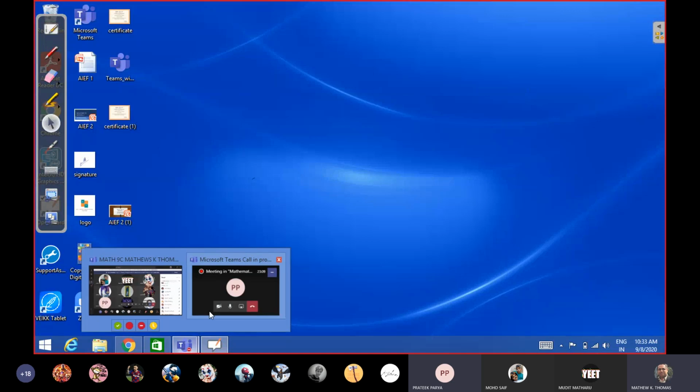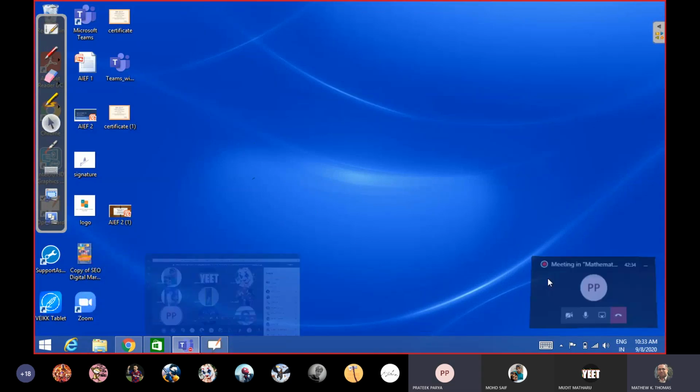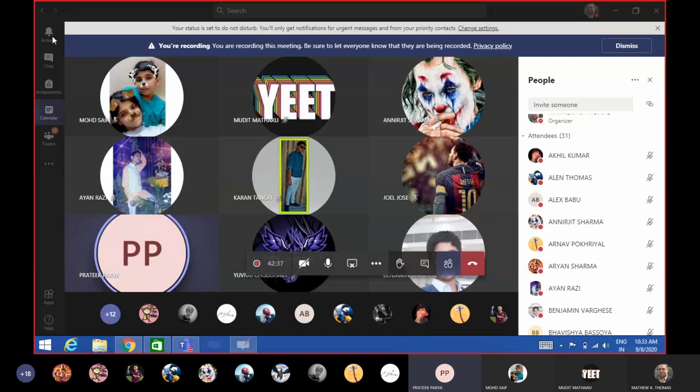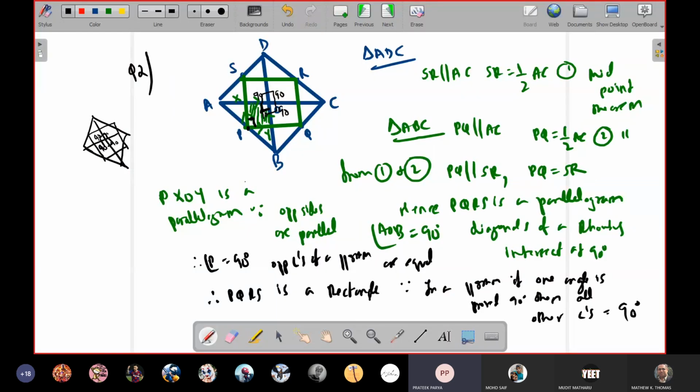Sir, can you read the line after the line PQRS is a rectangle? After that, what have you written? PQRS is a rectangle because in a parallelogram, if one angle is proved 90 degrees, then all the other angles are 90 degrees.